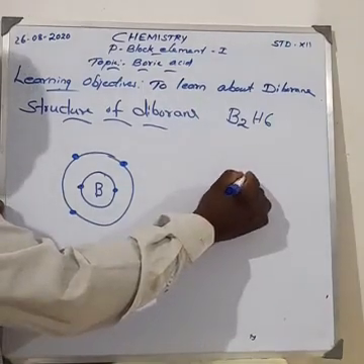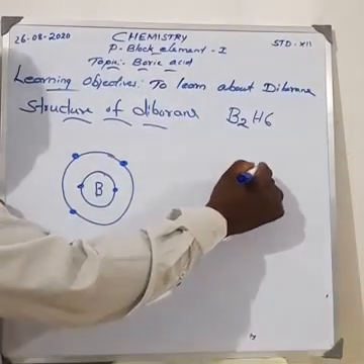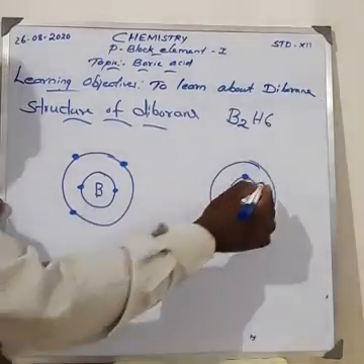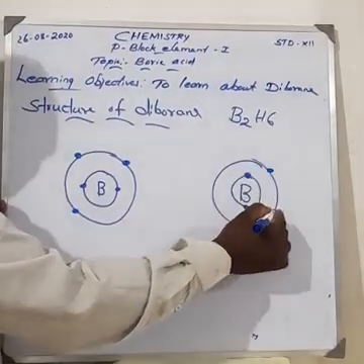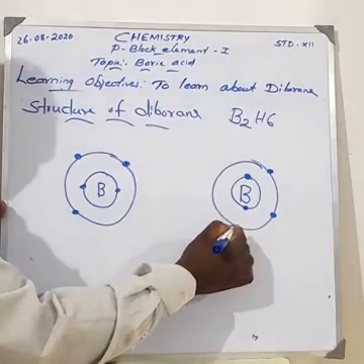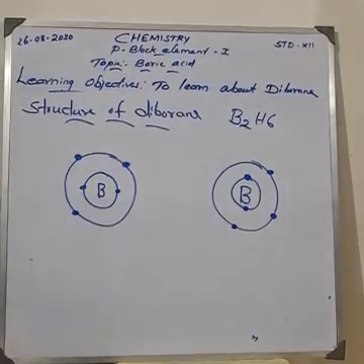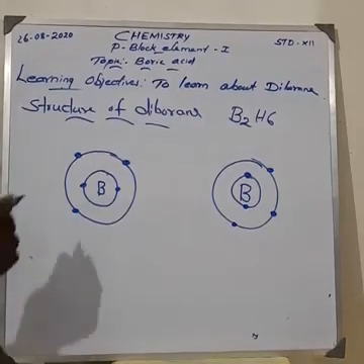Second boron, first shell 2 electrons, second shell 3 electrons. For a completely filled shell 8 electrons are needed, but it has only 3 electrons.